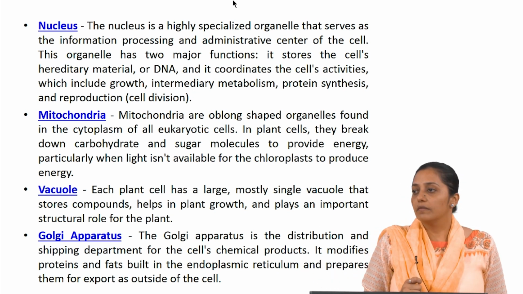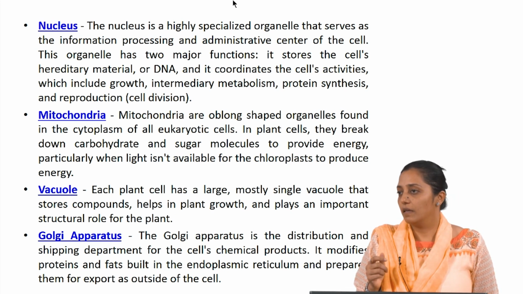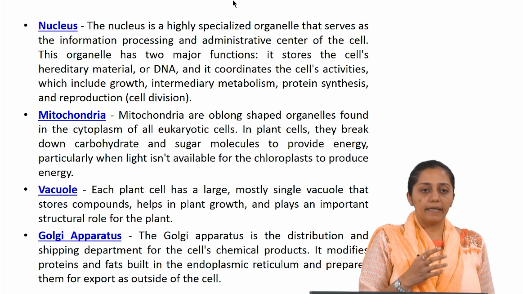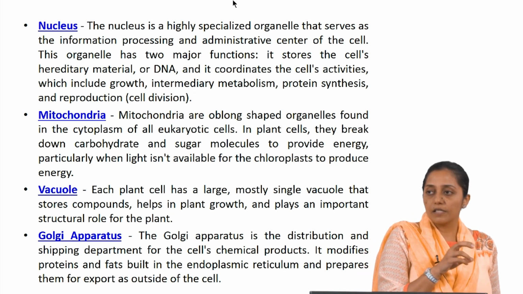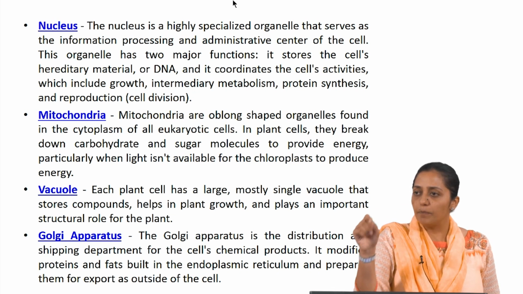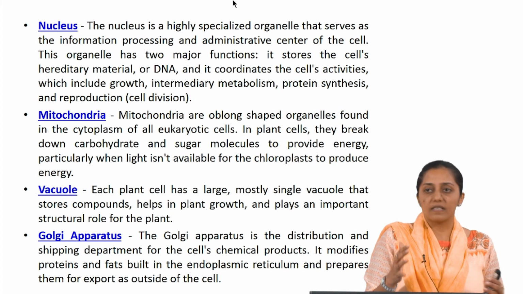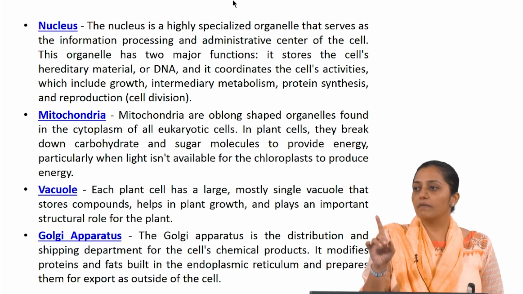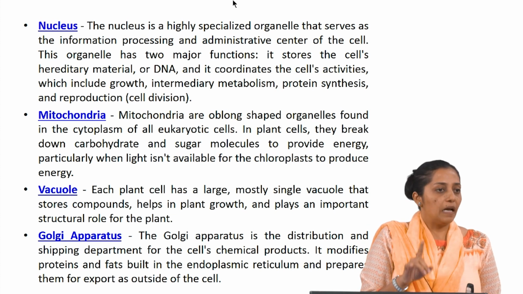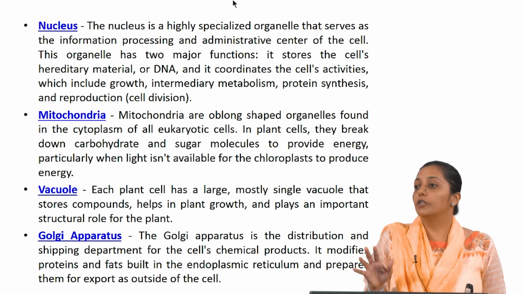Then vacuole. Vacuole, I said, is a distinctive feature in plant cells. Vacuoles in younger plant cells, as mentioned earlier, will be smaller in size and many in number. But as the plant cell matures and grows in size, matured plant cells generally have a single vacuole, all clubbed together, and it can occupy as much as 80% of the cell volume.